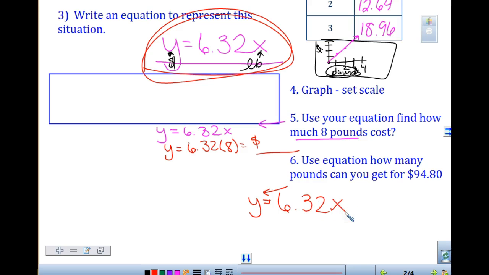X. What do I know, my dollar of $94.80? Is that my Y or my X? That's my Y. So tomorrow on the quiz, I'm going to put 94.80 equals 6.32x.